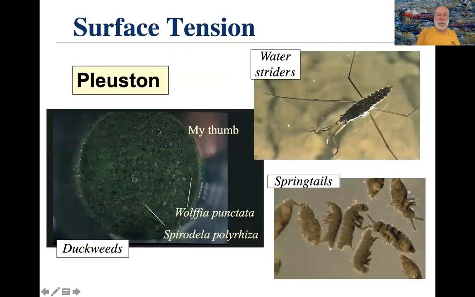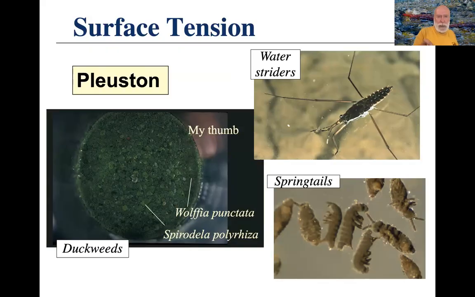So here are some examples. Now, these are duckweeds. There's my thumb for scale. So these are tiny little plants. Now, technically, we would still regard these as being aquatic macrophytes because they're big enough that I don't need a microscope to see them, but they're pretty tiny.